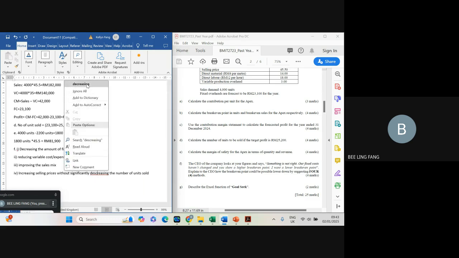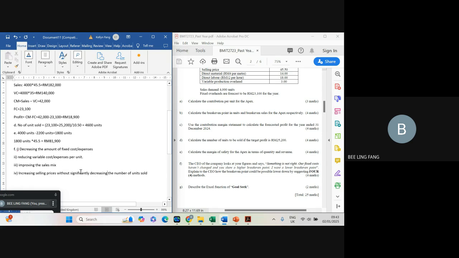Because when you increase your price, that means you need to sell less. This one is "without significantly", okay? Or you can just say increase the selling price, because we usually increase the selling price and your units, let's say, remain the same. Yeah, definitely, you make some changes. Okay.